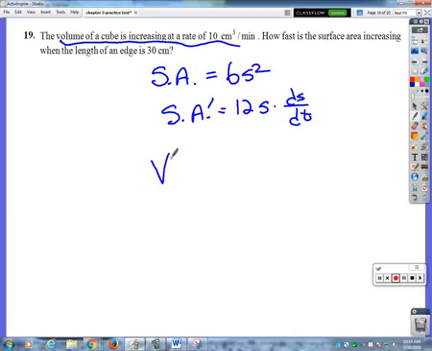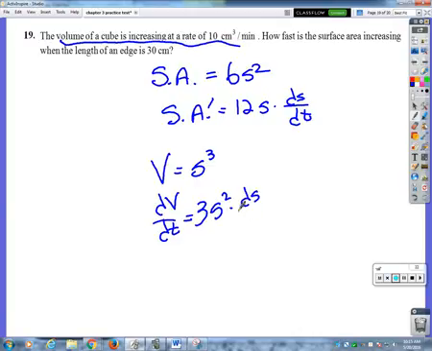So what's the formula for the volume? 4/3? No, it's a cube. Side times side times side. S cubed. So dv dt equals 3s squared times ds dt. What is dv dt? 10.